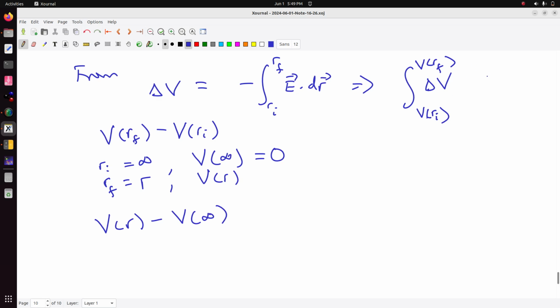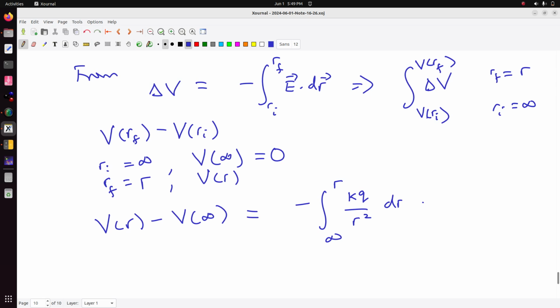So this Rf is now R, and this Ri is now infinity. And we said V of infinity, the potential at infinity, is 0. So we can now say this is equal to minus the integral, Ri is infinity, Rf is R, of the electric field, which we can write as kq over R squared, dR.